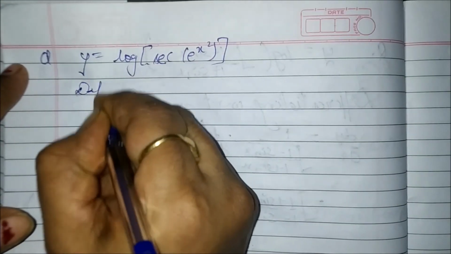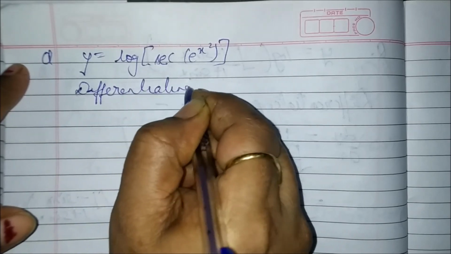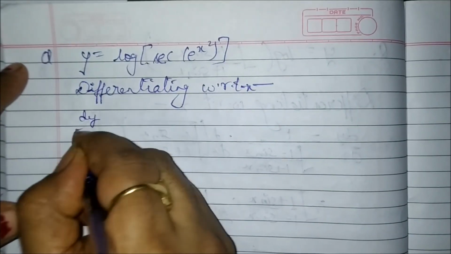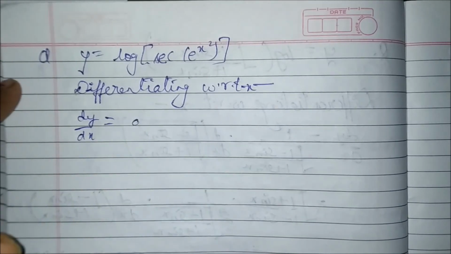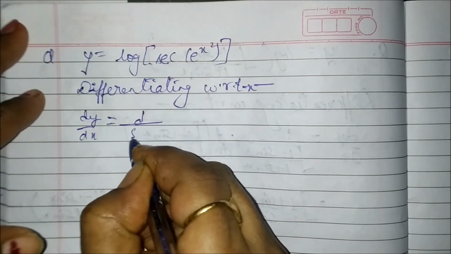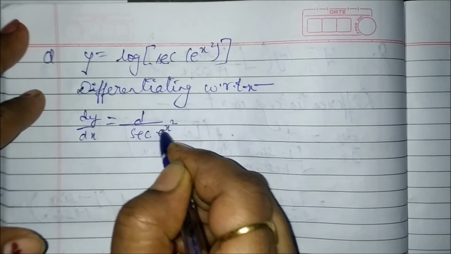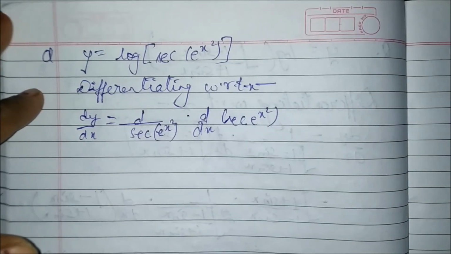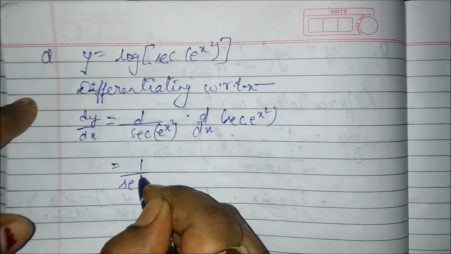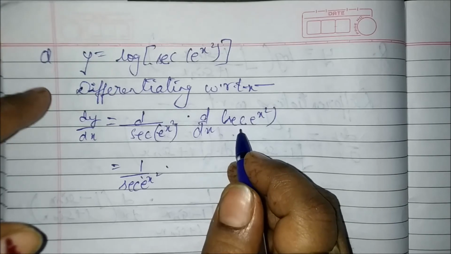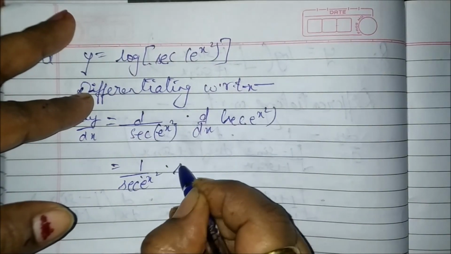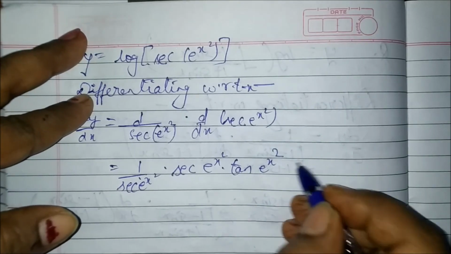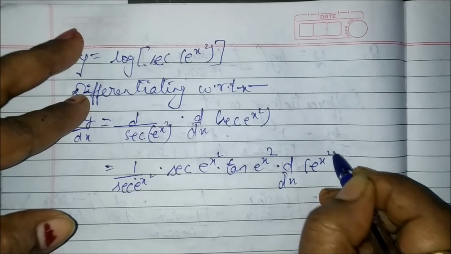In the same way, differentiating with respect to x, dy by dx is equals to derivative of log is 1 upon x, so we have 1 by sec of e raised to x square, into d by dx of sec e raised to x square, so we have 1 by sec e raised to x square into the derivative of sec x, which is sec x into tan x, so we have sec x into tan x, again into d by dx of e raised to x square.